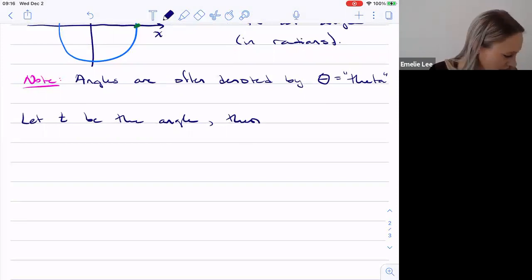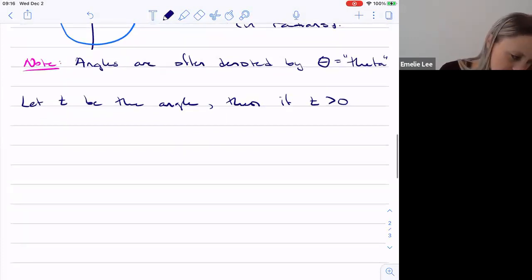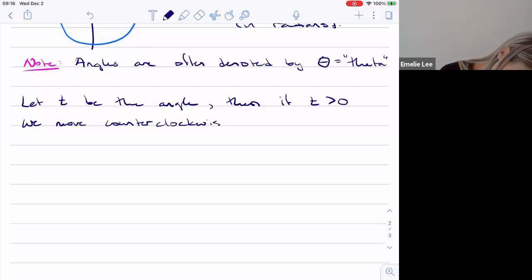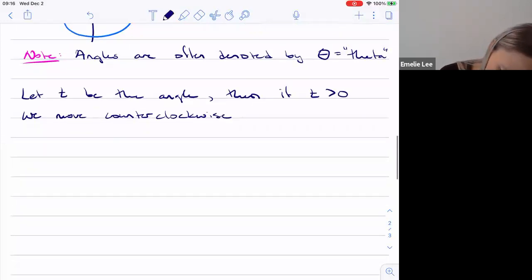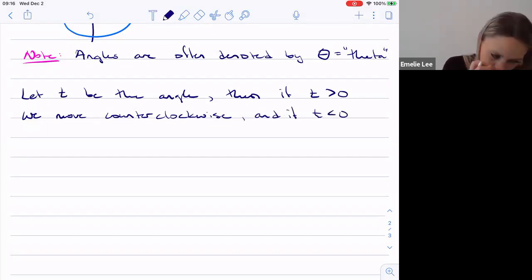So then if t is greater than 0, so positive, we move counterclockwise. And if t is less than 0, we move clockwise.